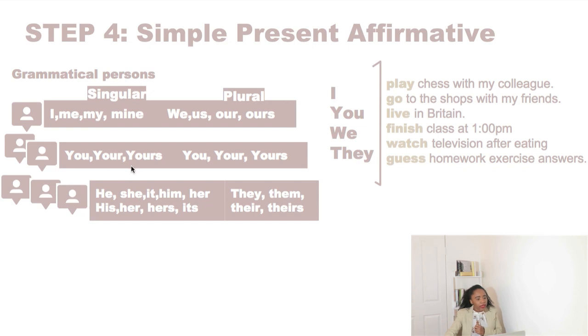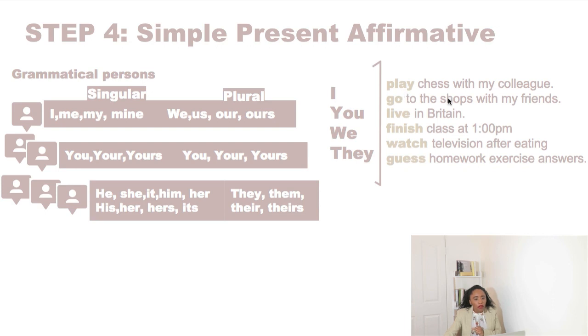And then you have his, her, hers, and its in the singular category. And when you move on to the plural, that of course becomes they, them, their, and theirs. So when you are dealing with the grammatical persons and the conjugation table, you must always bear this in mind. Okay? This application needs to be considered in order to assist you with proper conjugation of your verbs.